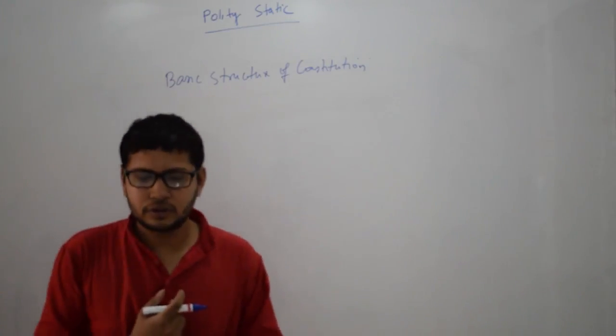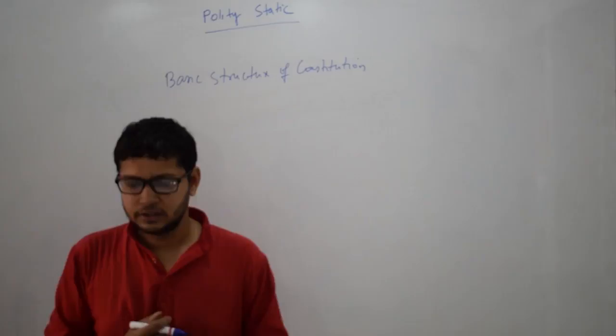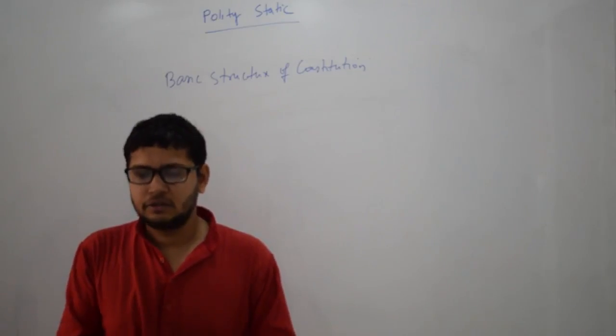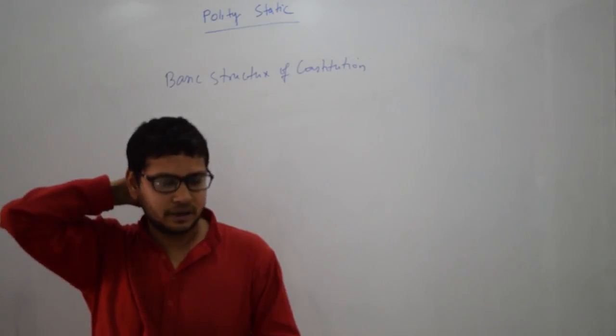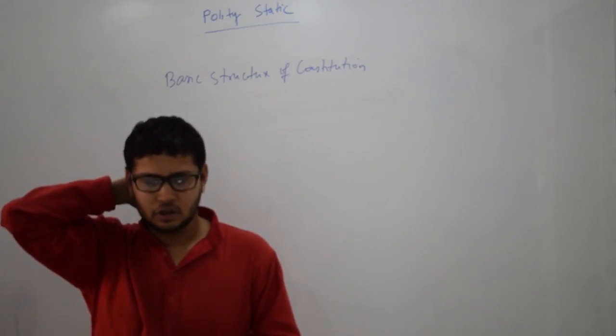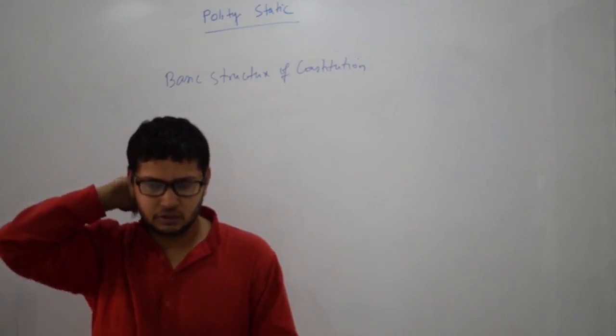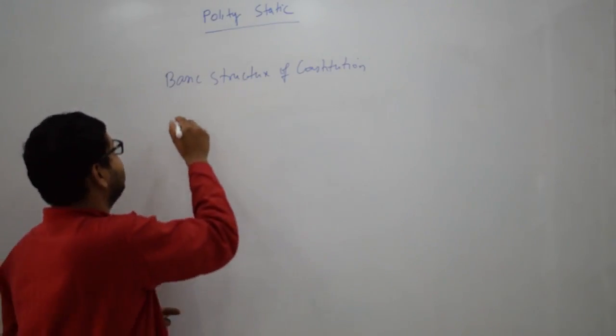There are 4 main judgments regarding this. We will deal with all of them to understand what we mean by basic structure. Before that, we should understand what Article 13 contains.